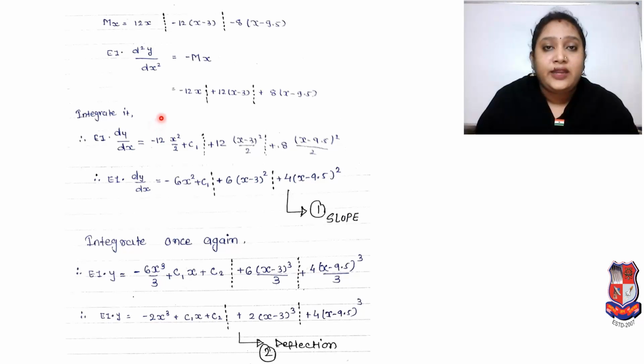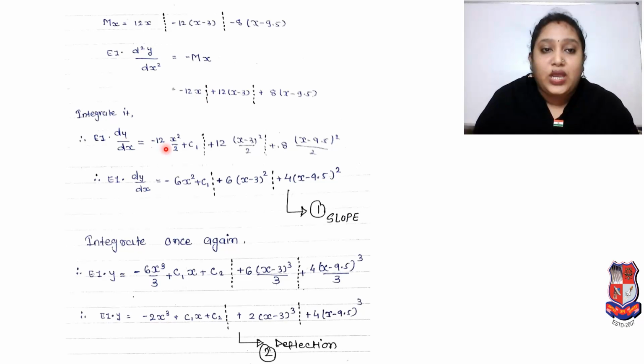We have to integrate it as per our rule of the Macaulay method problem solution. So here EI into dy by dx is equal to minus 12 x square by 2, as per the rule of integration. Whatever power is there, we add 1 to it, n plus 1, and whatever the total power is, we put in the divisor.